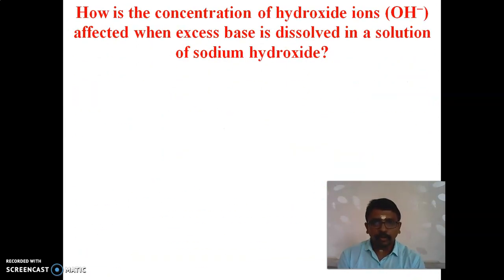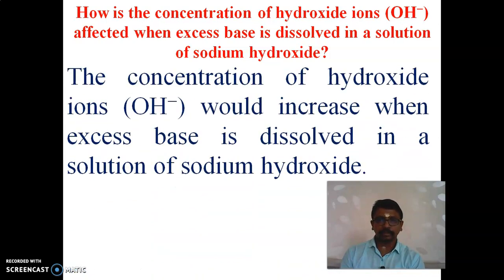Next is, how is the concentration of hydroxide ions affected when excess base is dissolved in a solution of sodium hydroxide? The reason is that the concentration of hydroxide ions would increase when excess base is dissolved in a solution of sodium hydroxide.